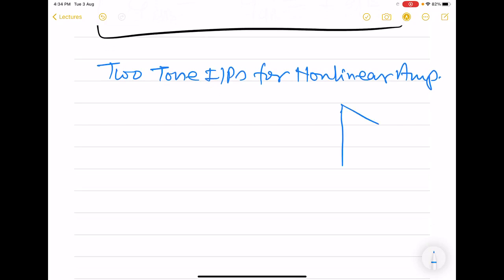So we have this amplifier which is nonlinear, and we are interested in the adverse effect on the frequency component and the amplitude of the output. But this time, now the input has two frequency components.